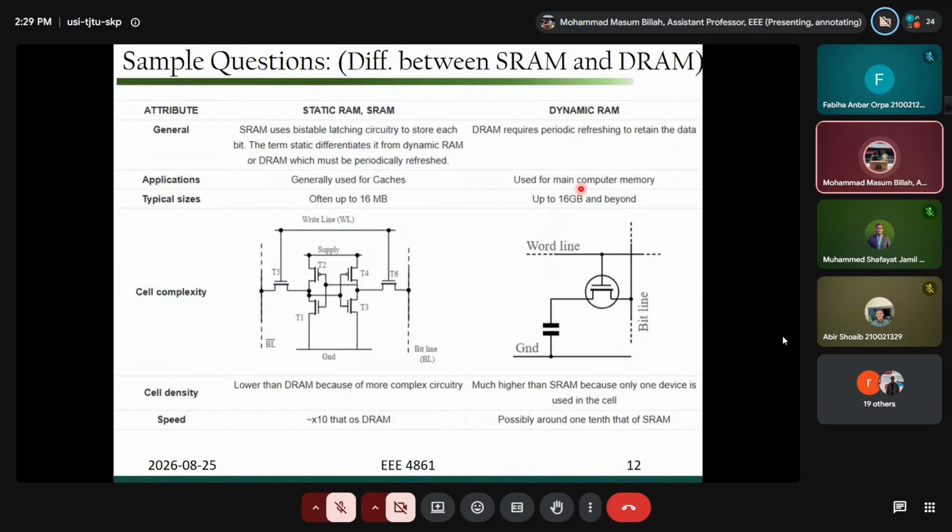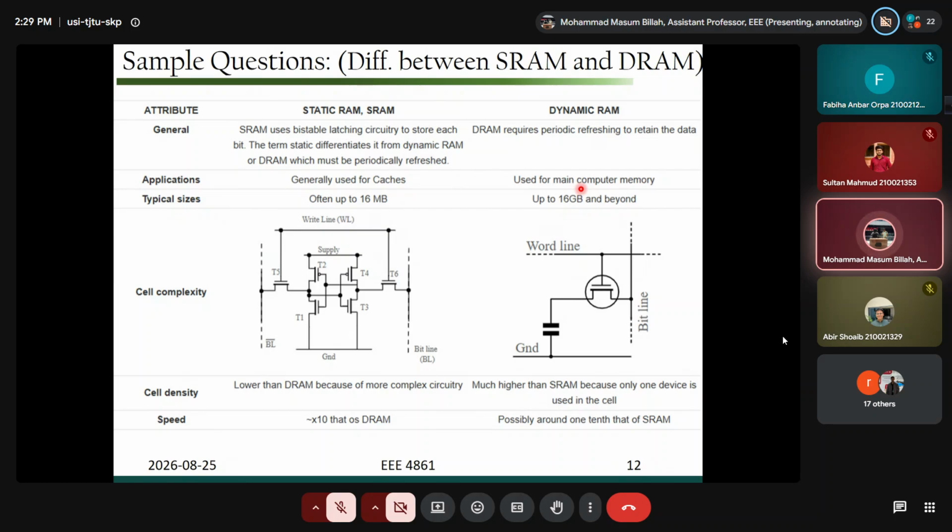Now, memory. Do you remember the SRAM and DRAM we studied? Yes, sir. So there were some advantages of DRAM over the SRAM, right?